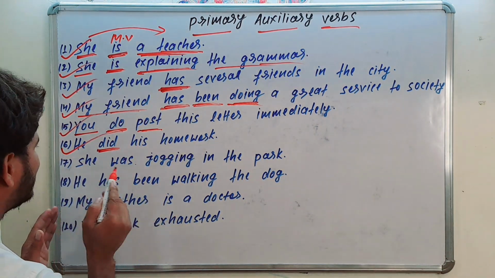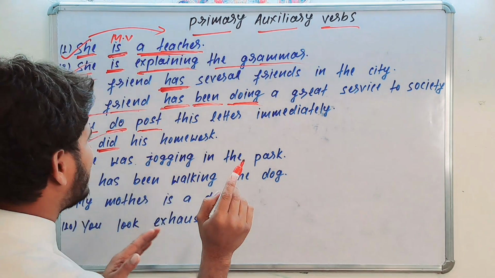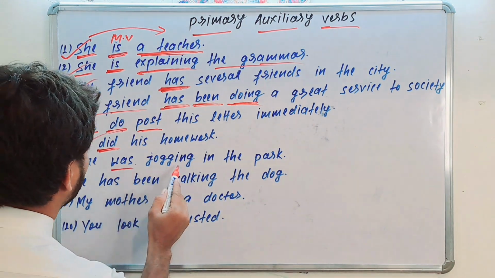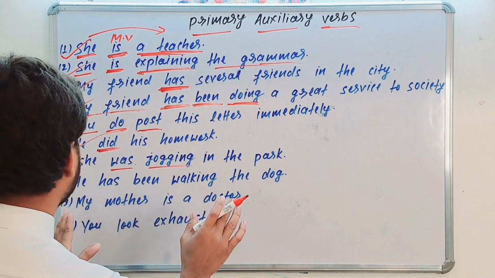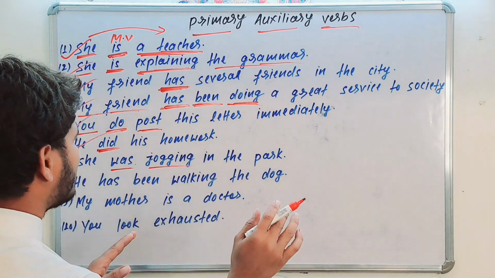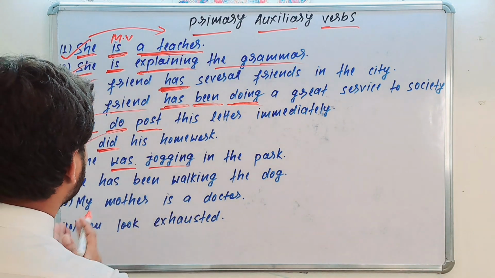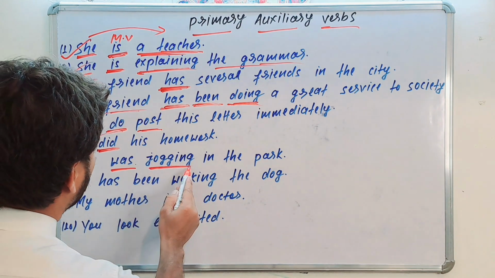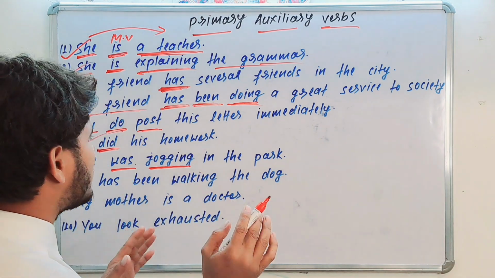And next one, she was jogging in the park. Was and jogging, there are two verbs in the sentence. Was is your auxiliary verb, helping verb, and jogging is your main verb in the form of jog. She was jogging in the park.